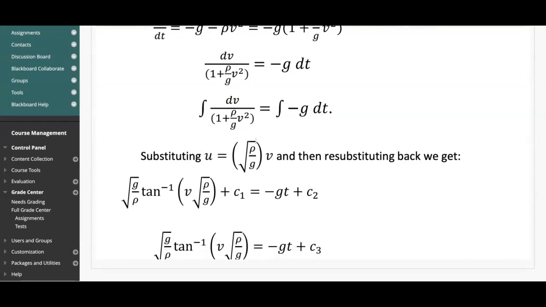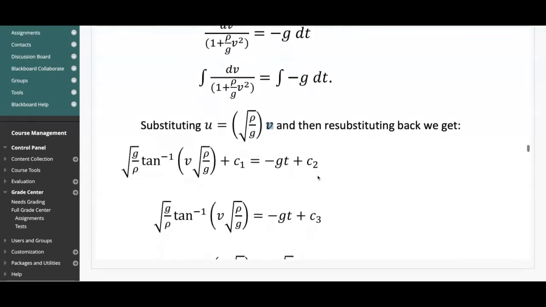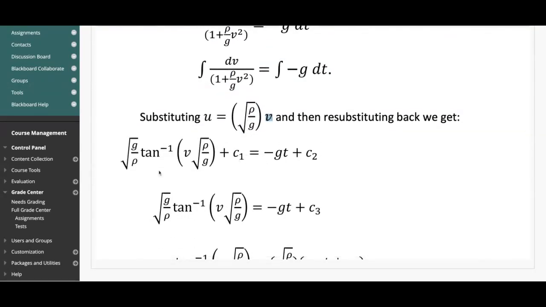If we use u to substitute the square root of rho over g times v, then we can get, so that's what Jun-Yi, I think, showed in her homework. Because when we integrate this, we get an arctangent.